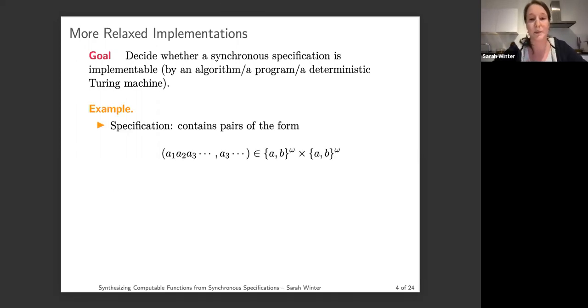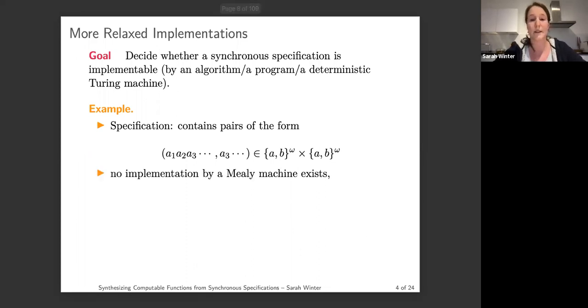Okay, let's take a look at this specification. It contains pairs of the form A1, A2, A3, and so on. And all input words are in relation with output words, where the beginning of the output word should start with the third letter that we see in the input word. This specification is a synchronous specification. It's not difficult to construct a synchronous automaton that recognizes pairs that are in the specification.